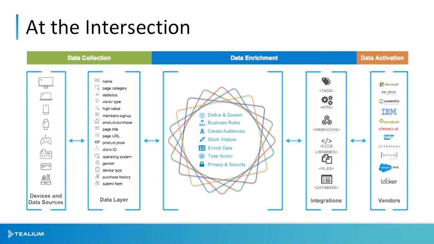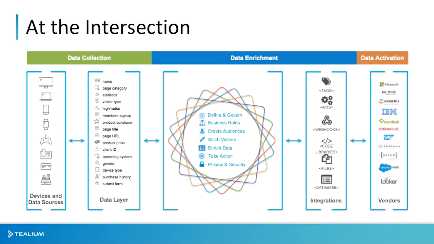The CDP at the intersection will ultimately combine three key capabilities for a universal hub of data to operate in. Those three capabilities are data collection, data enrichment, and data activation. What does that mean? It means that we will unify collecting data at any source, whether that be offline or online, physical or digital.